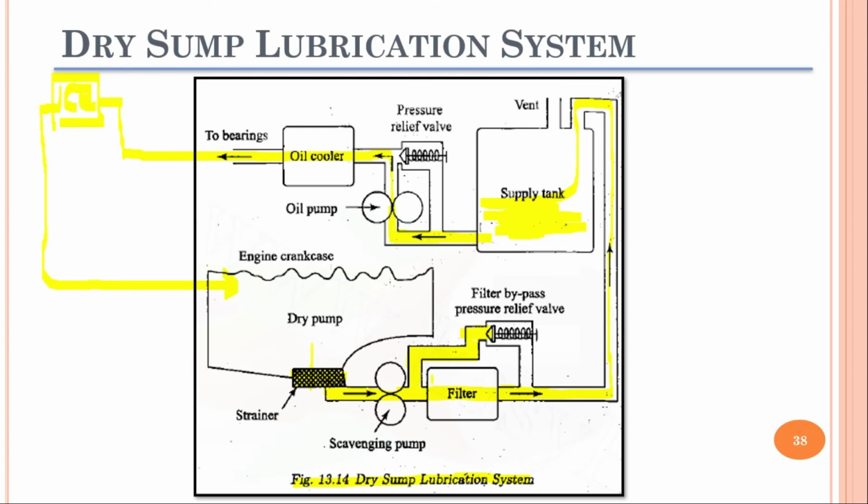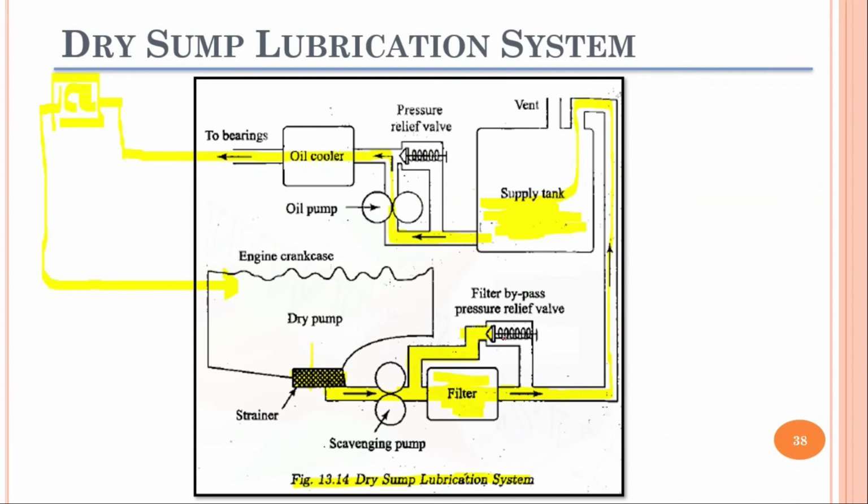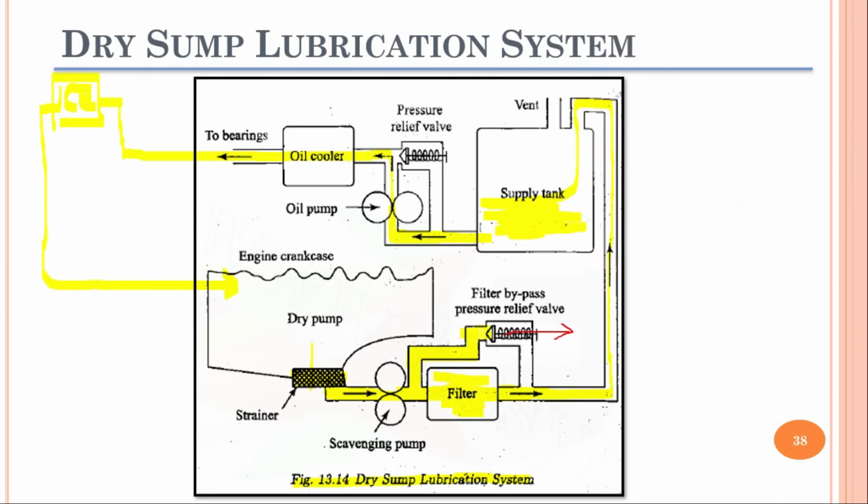But if this filter somehow gets clogged, the entire pressure would come here to this pressure relief valve, which is a spring loaded pressure relief valve, and when a very high pressure is applied here, this spring will compress and this valve will open, and as a result the oil will come from here.